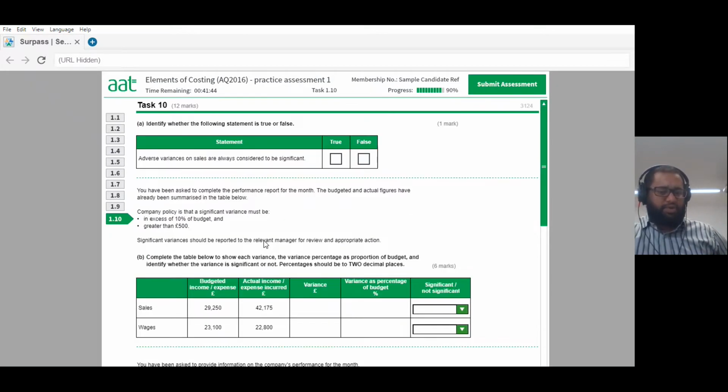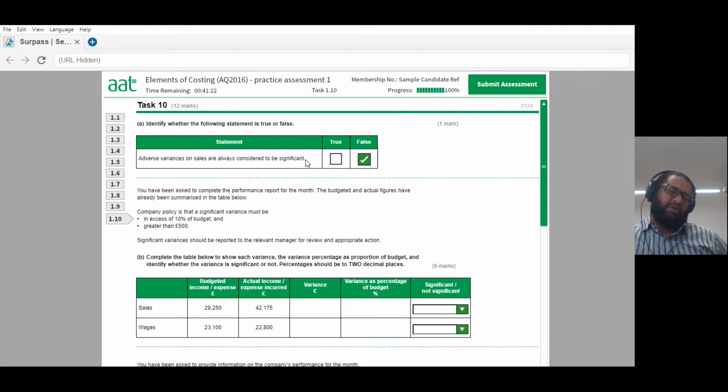Now let's move on to the last question. We still have plenty of time, guys. Identify whether the following statement is true or false. Adverse variances on sales are always considered to be significant. The word always, see that here? Always means it's wrong, because they are simply saying even if you have a £1 adverse variance, it's going to be significant.